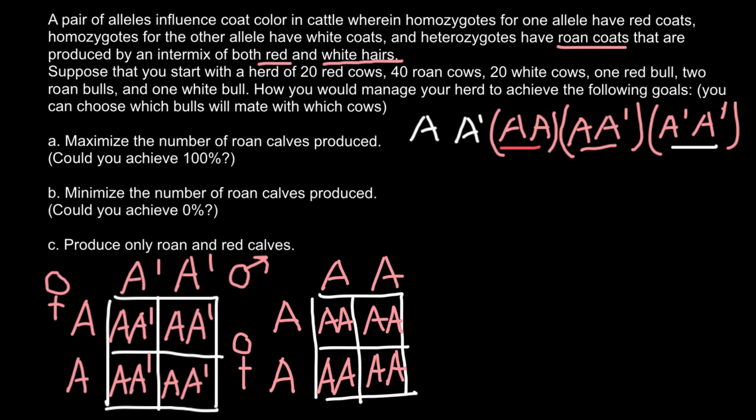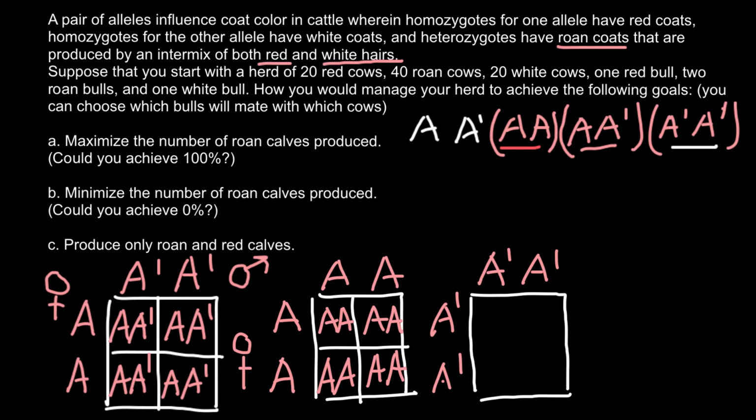Another example would be if we take a white cow, that is going to be A prime A prime, and mate it with another bull that is also going to be white. The result of such a cross would be 100% of the progeny being white.